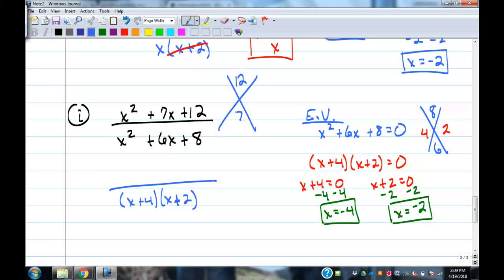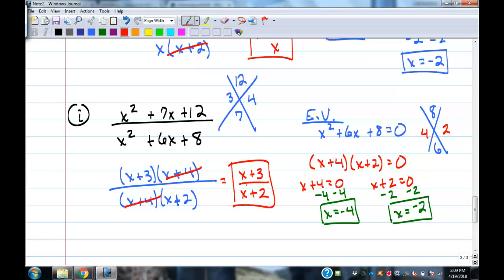Multiply to be 12, add to be 7. 3 times 4 is 12, 3 plus 4 is 7. x plus 3, x plus 4. What cancels? x plus 3 divided by x plus 2. All right, so factoring is going to be key.